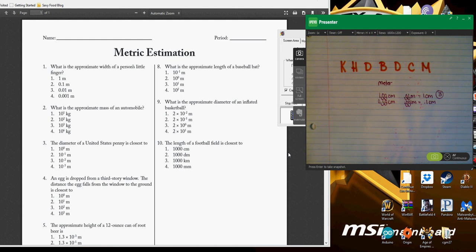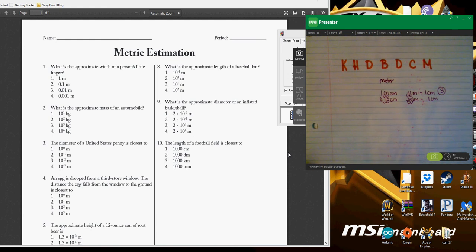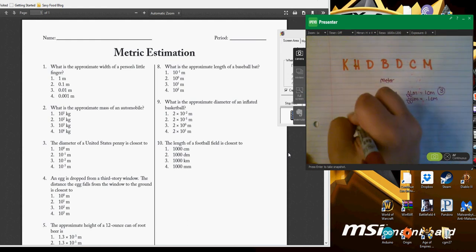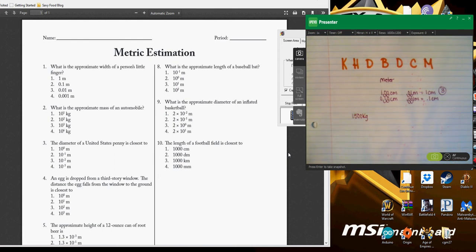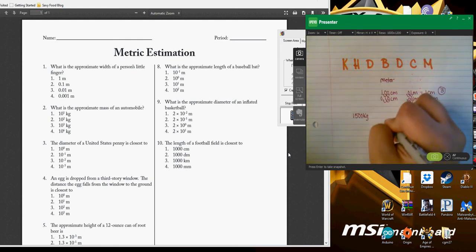So we did an entire unit based on collisions in automobiles. The average automobile is about 1,500 kilograms. And so based on that, we're kind of looking at the different exponent forms to determine what the mass of that automobile is going to be. So if we have 10 to the power 1 kilograms, that means we just have 10 kilograms.